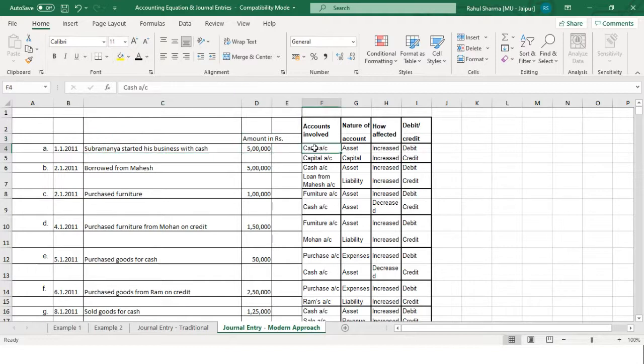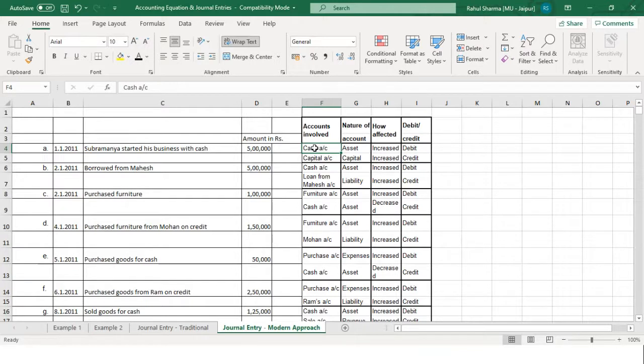For your convenience, please consider capital as a liability. Always, because the nature is all the same. It falls into that category only. So cash is an asset, and capital is a liability. What is increasing? Cash is coming into the business, so cash is increasing. And on the other side, capital is also increasing because somebody is investing money into my business.